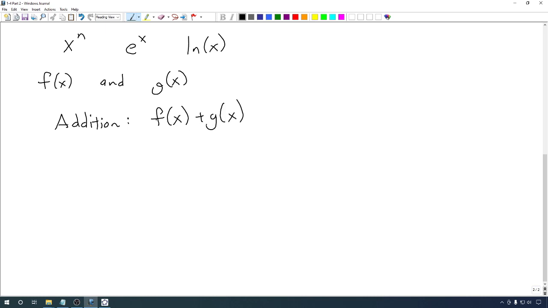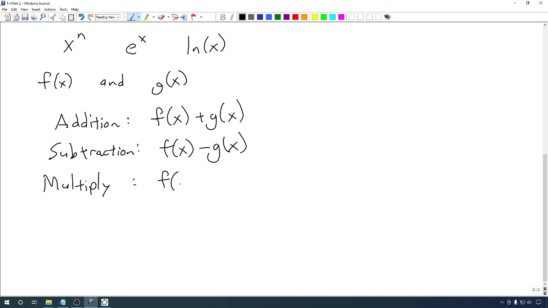If I add them together, I'll get a new function. If I subtract them, this is also a new function. If I multiply them, new function as well.